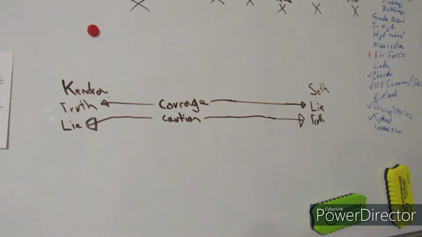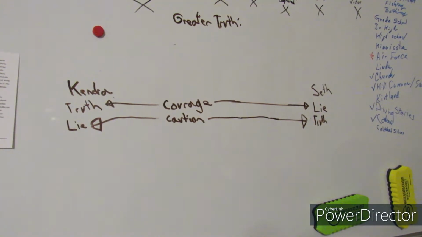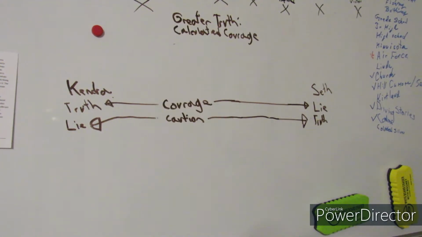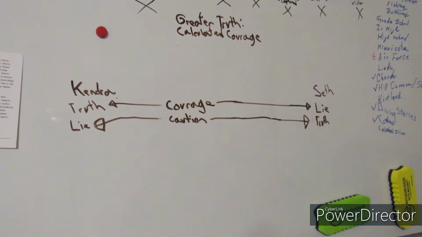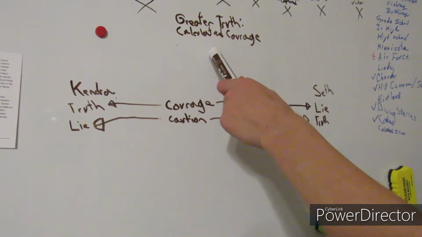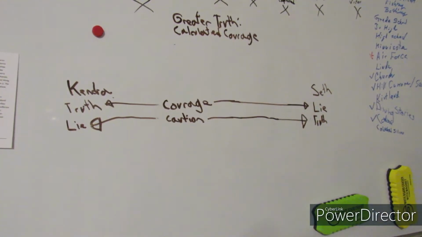Which is why we have the greater truth. For this one, let's say calculated courage. And it falls on the fine line between courage and caution.